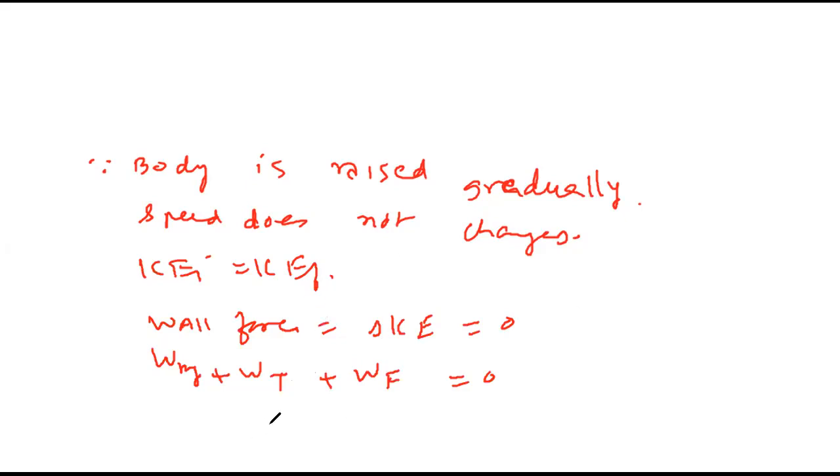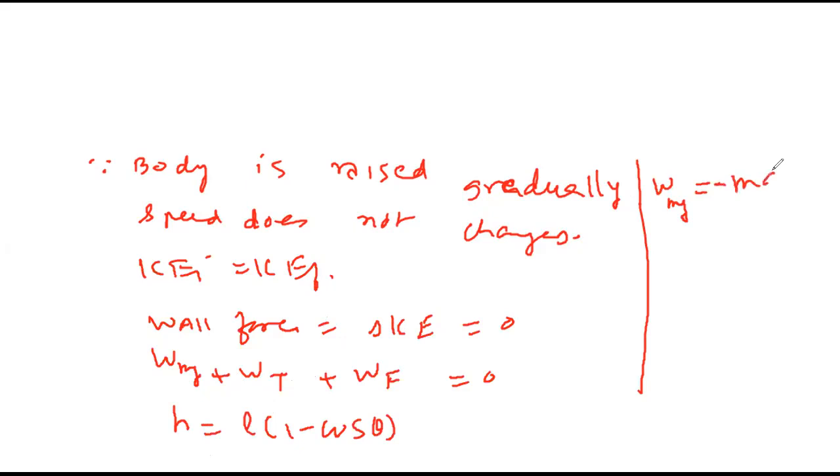So work done by F is my requirement. Work done by F. Understood till here? Yes, sir. Now H means L into 1 minus cos theta. So work done by gravitational force mg will be equals to mgh.